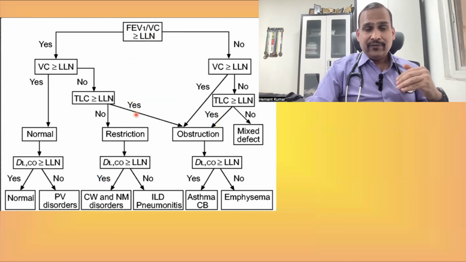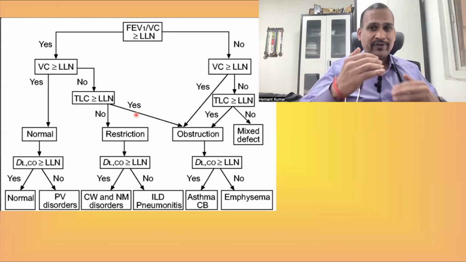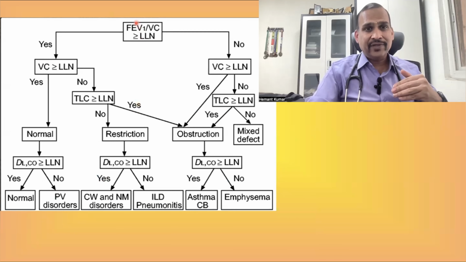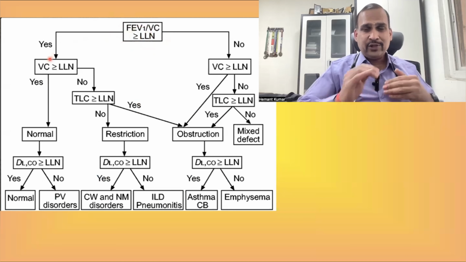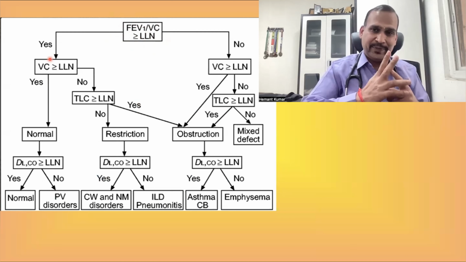Remember, if you combine other PFTs, then you can diagnose perfectly. So we start with spirometry. In spirometry, if the FEV1/FVC ratio is normal, more than the lower limit of normal, there are two conditions: either normal spirometry or restrictive pattern.